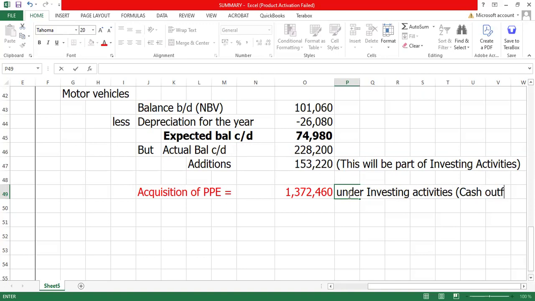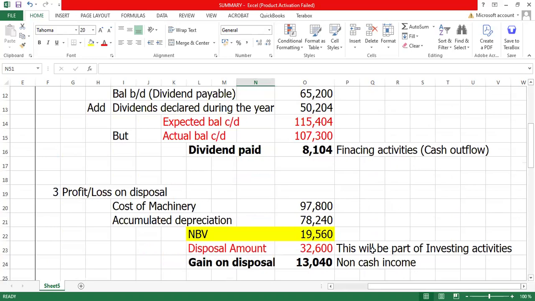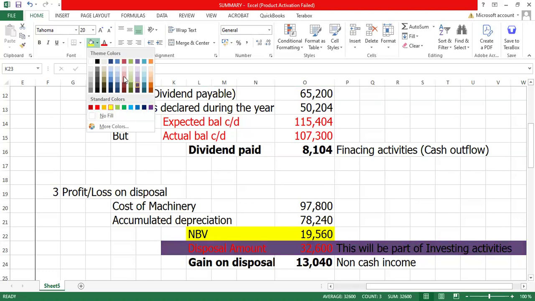So take a note. When we are handling investing activities, remind me to include this. Also remind me to include this disposal, because that is money generated from your investing activity.